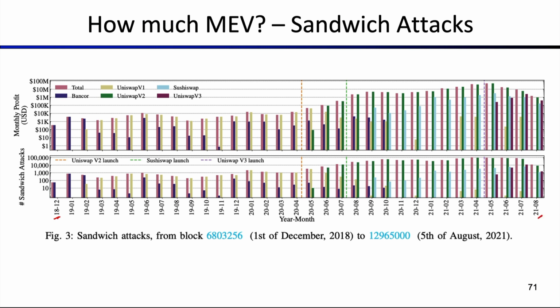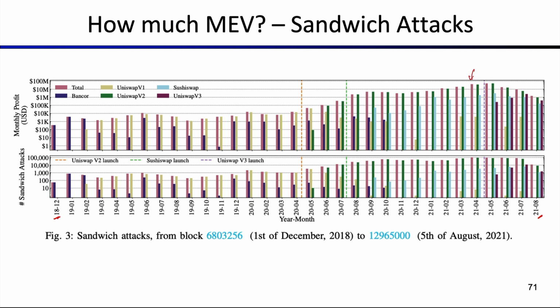So over quite some time frame, based on the blockchain data, we've tried to understand how many sandwich attacks are actually happening in the real world. Keep in mind that the y-axis here is a log scale, so a small increase in particular here might correspond to quite a significant financial amount.